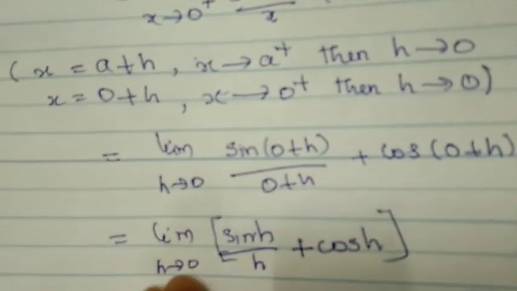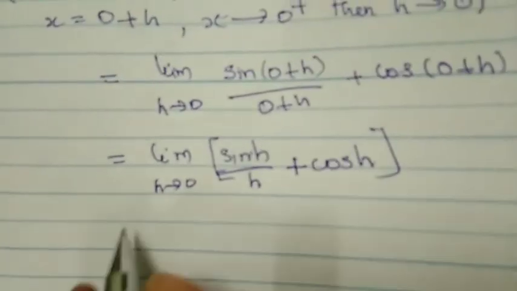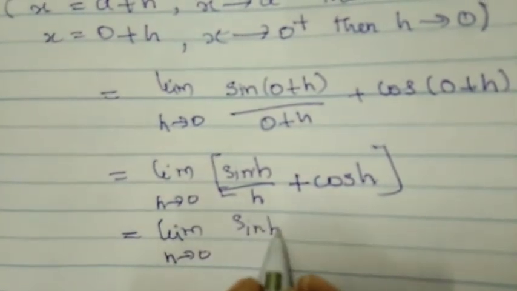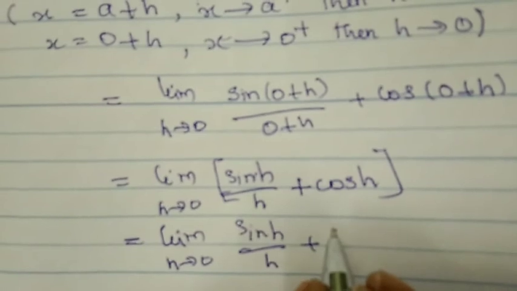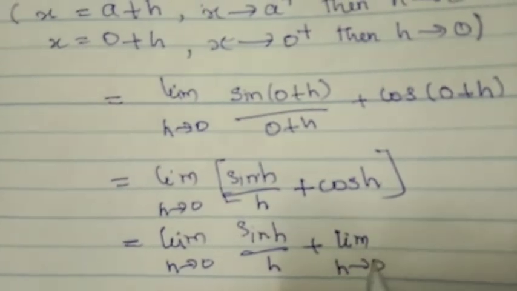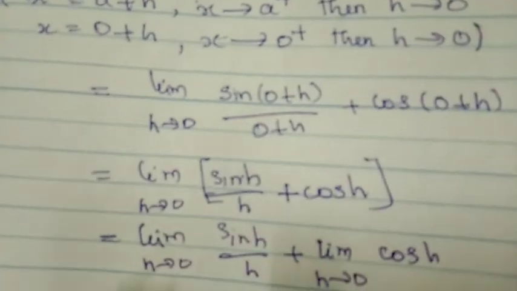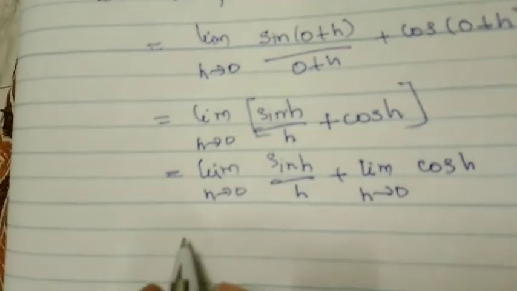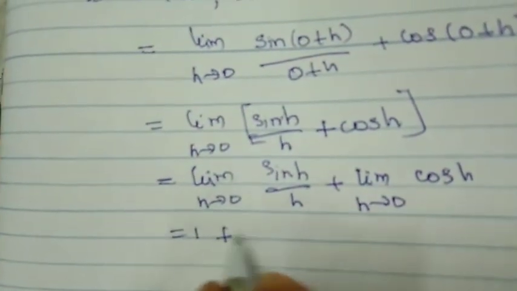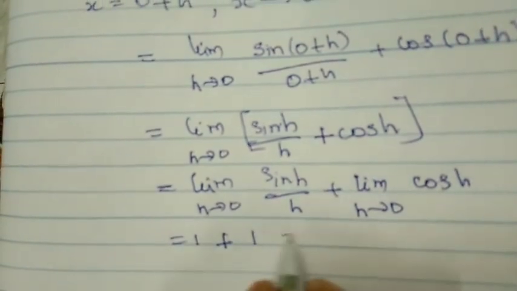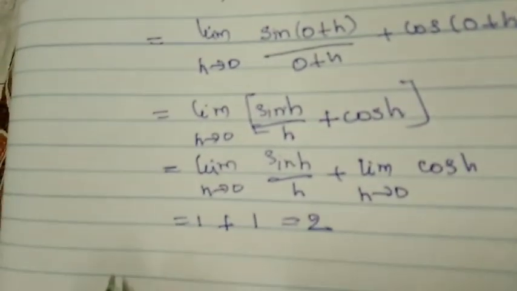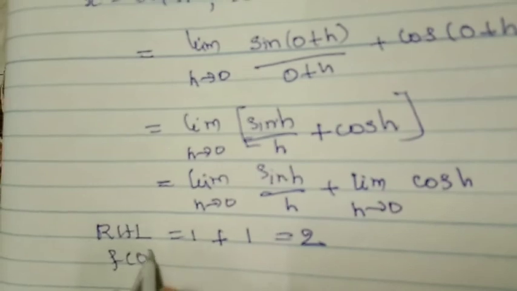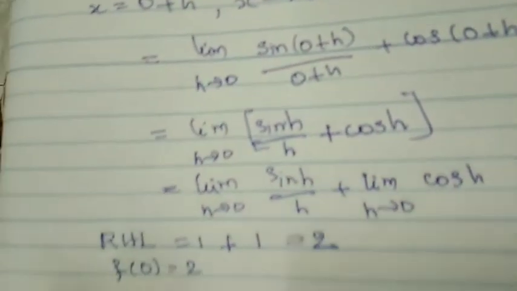The limit is common for both terms, so I am separating them: limit h tends to 0 sin h by h plus limit h tends to 0 cos h. We know limit h tends to 0 sin h by h is 1, plus the value of cos 0 is 1, so 2. So RHL equals 2 only. And the definition gives f of 0 equal to 2.